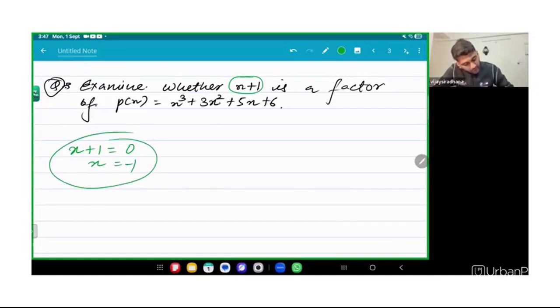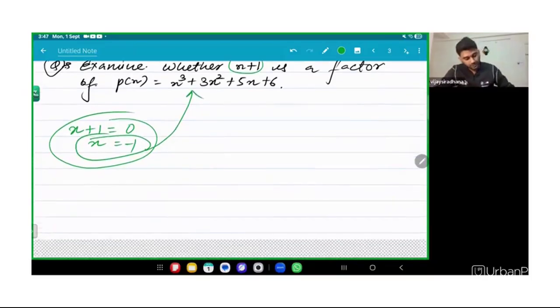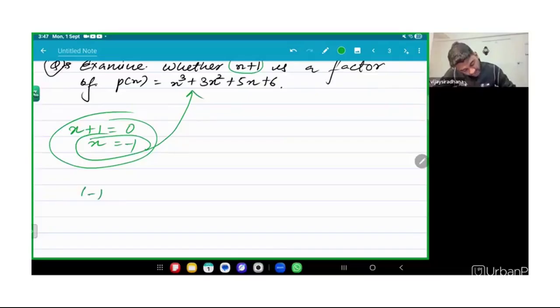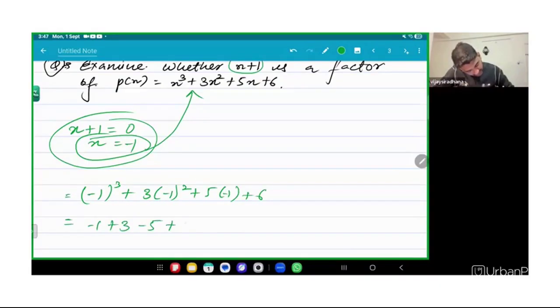Now the value of x, which is minus 1, I need to put it over here. So minus 1 cube plus 3 of minus 1 square plus 5 of minus 1 plus 6. So this one would be minus 1 plus 3 minus 5 plus 6.